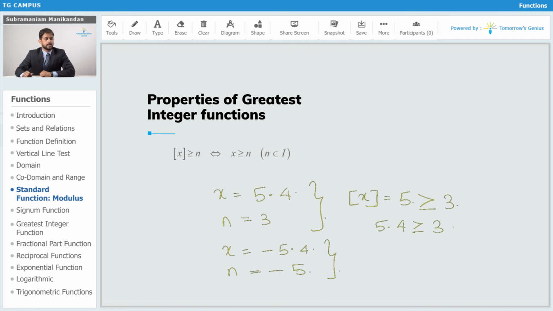So let's take this as minus 6. So therefore, we get box of x is equal to minus 6, and minus 6 is actually equal to minus 6. So therefore, we get minus 5.4 is greater than or equal to minus 6. See how close it can get? That's why.